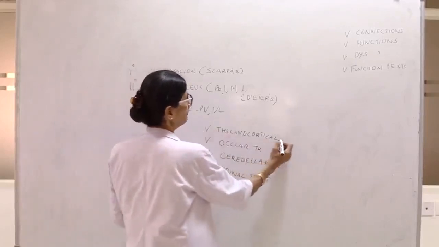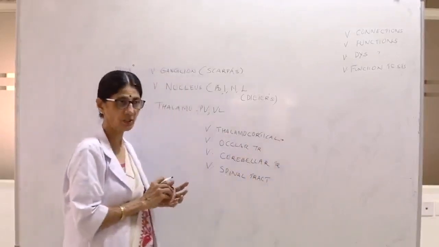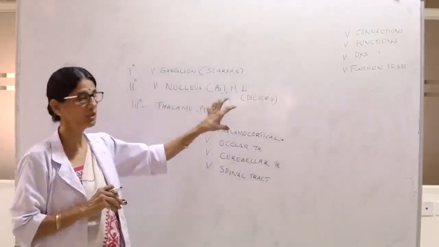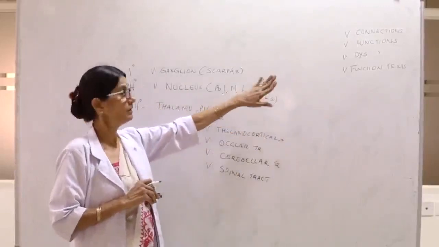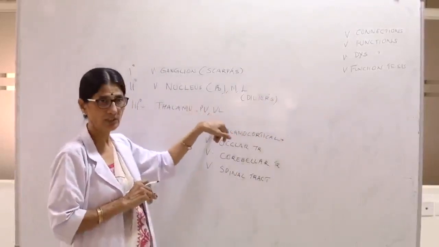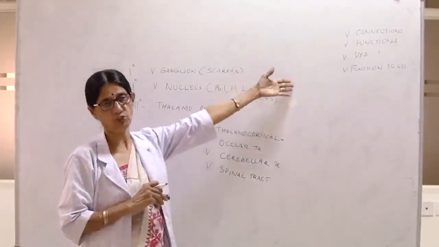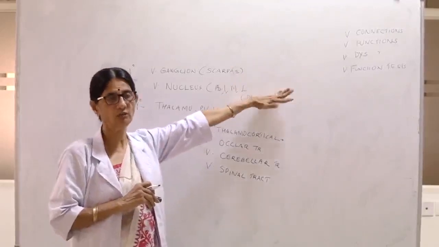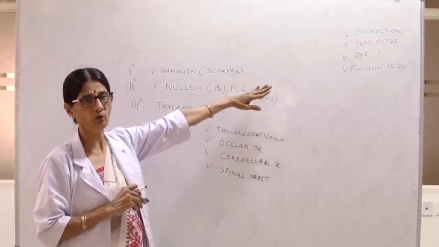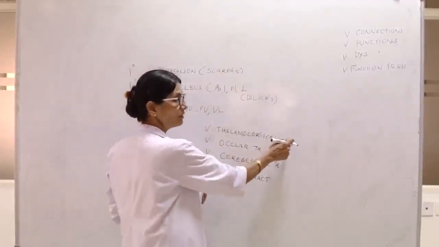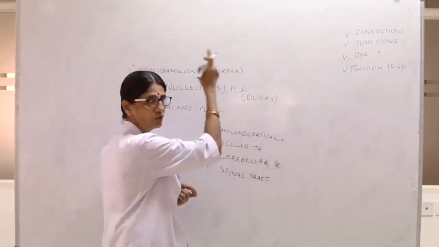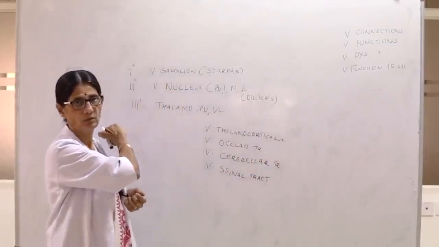Coming to the vestibulothalamocortical tract, these are fibers from the vestibular nucleus going to the posteroventral and ventrolateral nucleus of the thalamus, from where they are projected to the cortex. Which area of the cortex? It is the temporal lobe, and again it goes from the thalamus to the opposite temporal lobe.